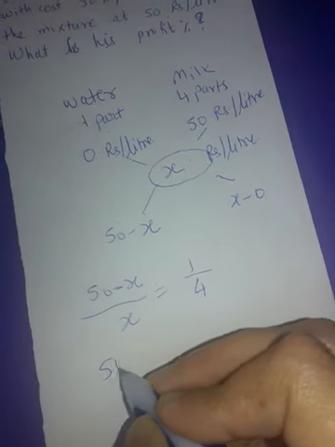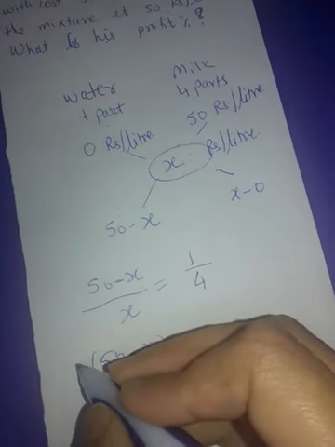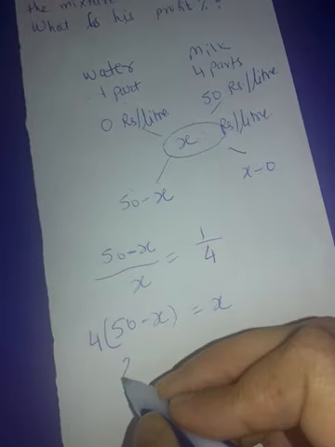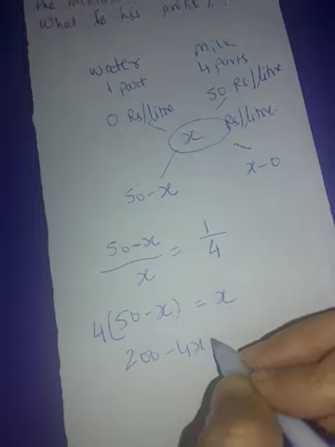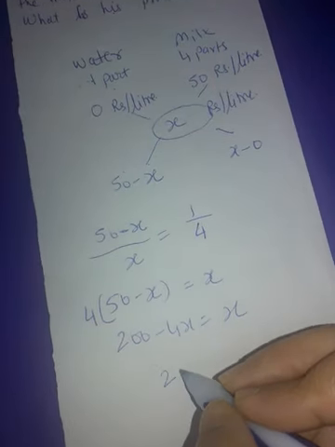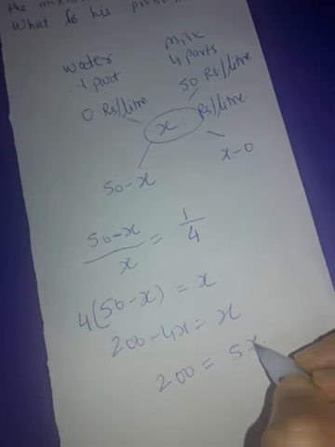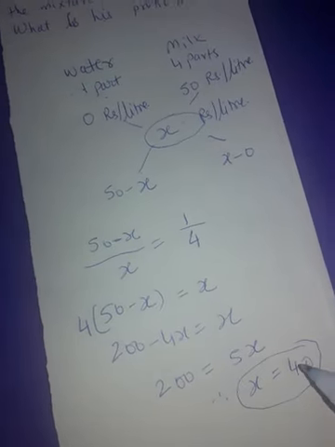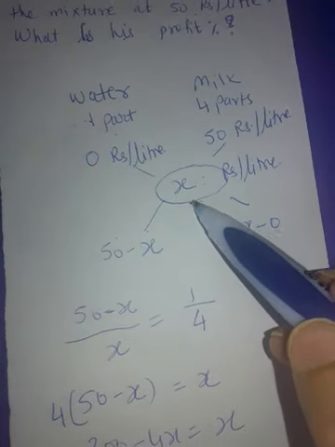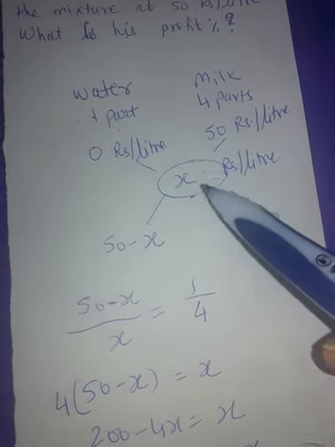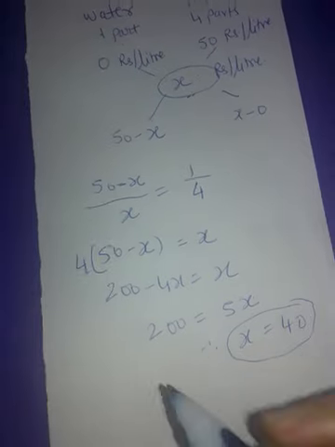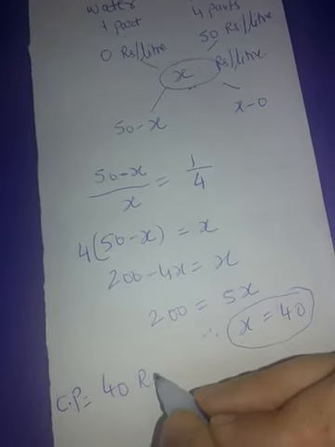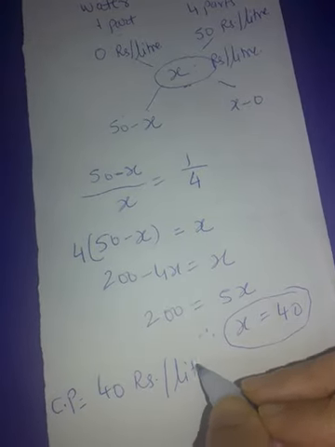So I have my equation ready, cross multiplication. x is equal to 40. What is x? x is the cost of this mixture. So cost of mixture is going to be 40, cost price is going to be 40 rupees per liter.